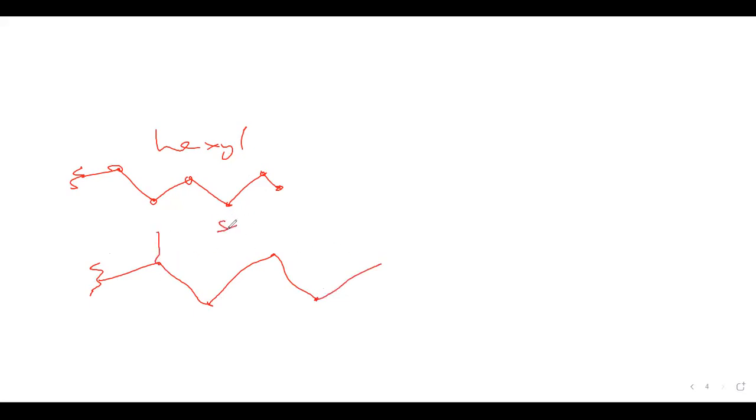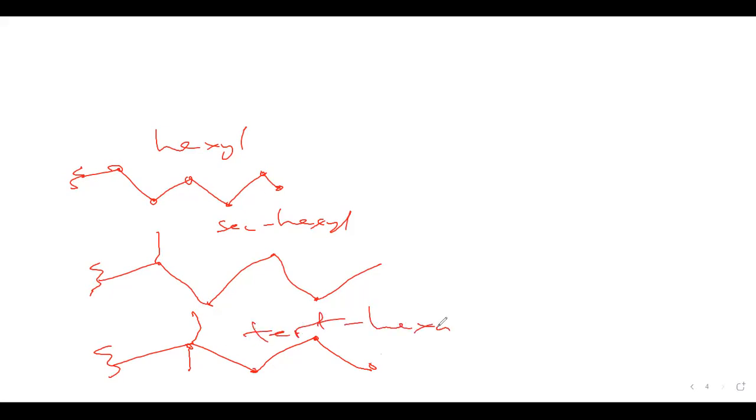So this should be sec-hexyl. Assuming I want to draw tert-hexyl, it means this carbon should have 2 substitutions. So this is my parent. So I'll draw 4 carbons. That's 1, 2, 3, 4, right? Then 5 and 6. So the 2 carbons will be here. And this will be tert-hexyl, right?